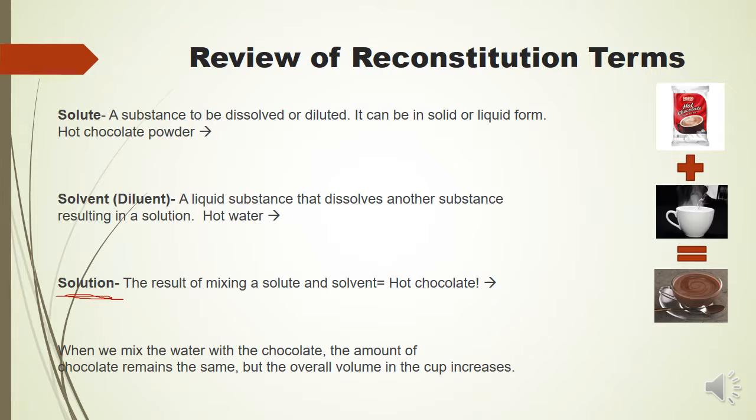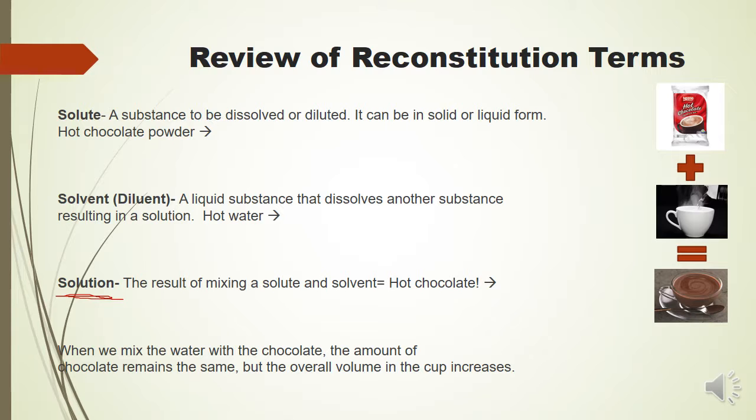Okay. Now, our solvent or diluent, as discussed on the previous slide, is a liquid substance that then dissolves another substance. So in this case, we're using hot water, or perhaps you make your hot chocolate with hot steaming milk. Same thing. That milk would be our solvent or diluent because it is taking our solute, our hot chocolate powder, and is dissolving it into solution.